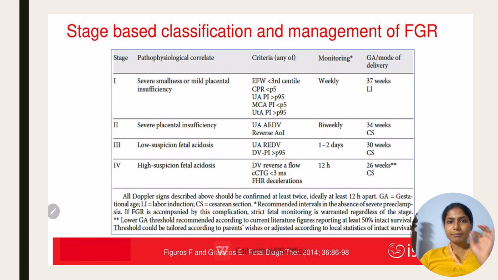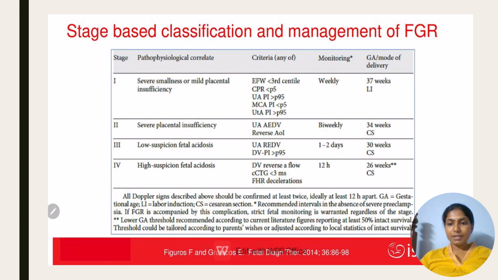Let me tell one basic thing: if the estimated fetal weight is less than 10th percentile without any Doppler changes, it is called a small for gestational age baby. But if the estimated fetal weight is less than third percentile, or if the estimated fetal weight is less than 10th percentile along with Doppler changes, it is called fetal growth restriction.